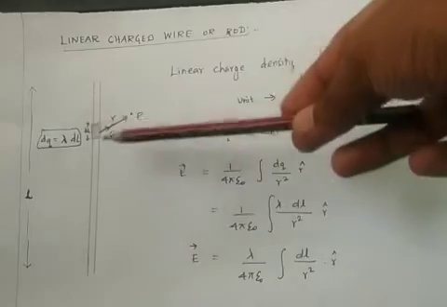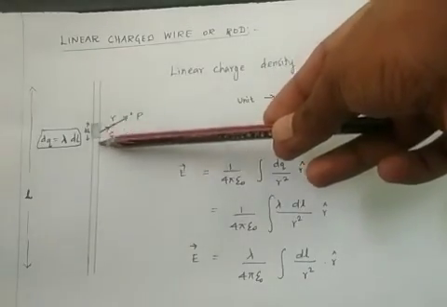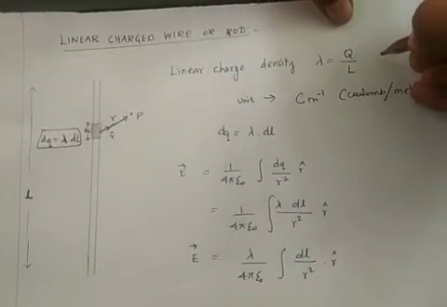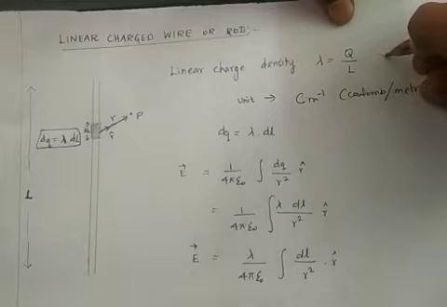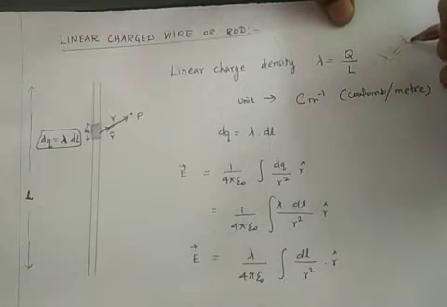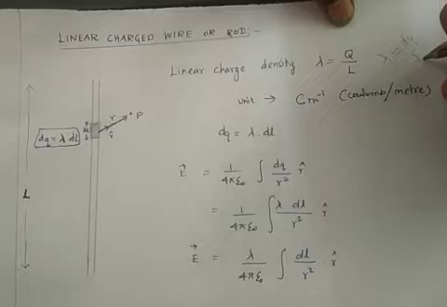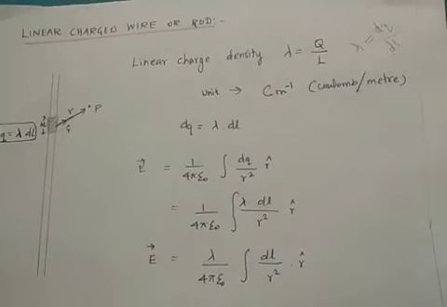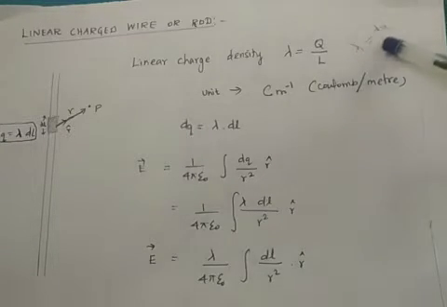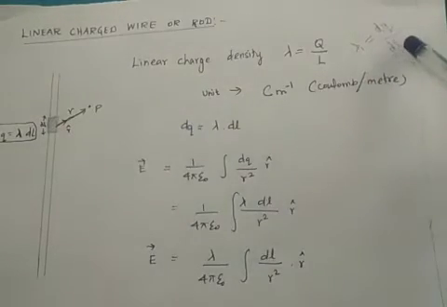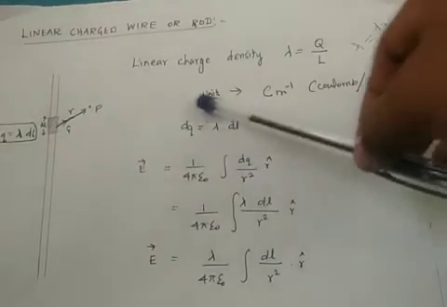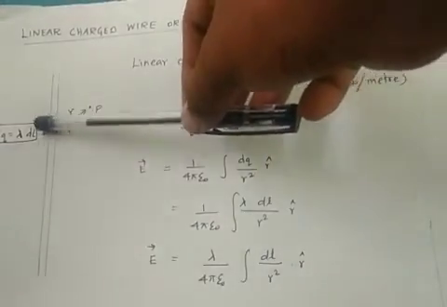For calculating the total charge present within this dl portion, lambda is equal to q by L, and the same charge density applies in that small portion, so lambda is equal to the amount of charge dq divided by the length dl. Based on this we can calculate dq. So dq is equal to, taking dl to the left side of the equation as a multiplication term, lambda into dl. This is the amount of charge present in this smaller portion of the charged wire.